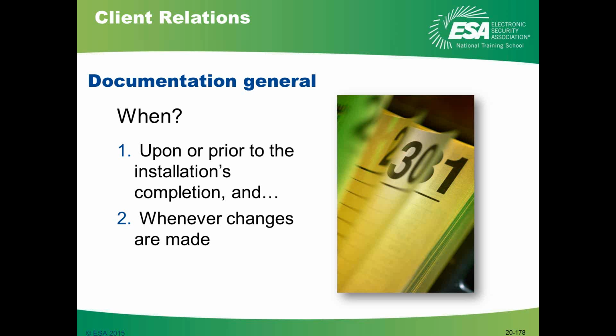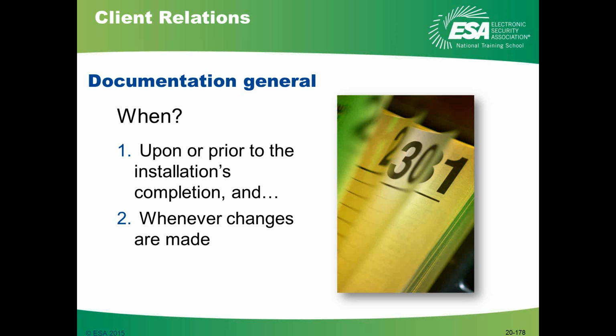We talk here about installation completion and whenever changes are made. And most of this came initially out of 72, and realize that when you get back in 72, another major change in 13 was all the documentation requirements.